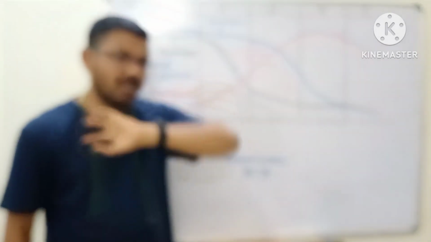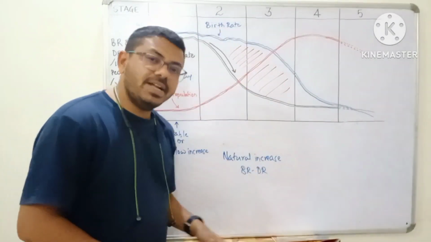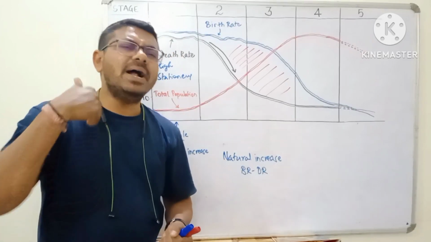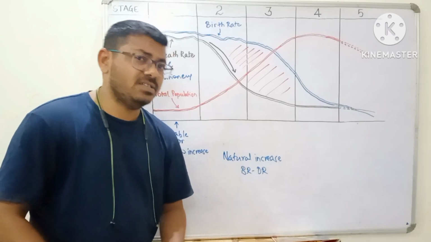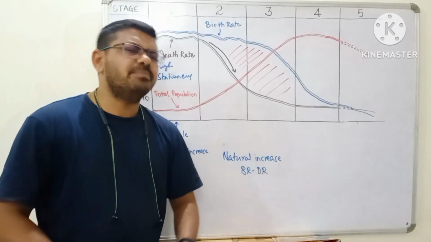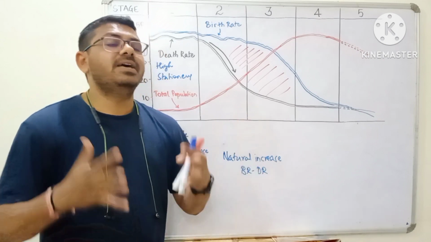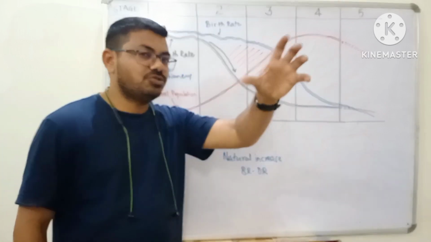In the third stage, what happened? In the third stage, death rate, because there were more advancements in medical facilities, better water supply technology, better understanding, causes were identified, better research facilities, better working together environment, all that added more to keeping death rate in control.